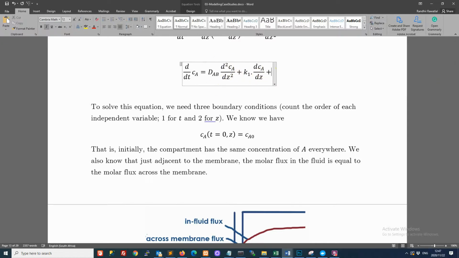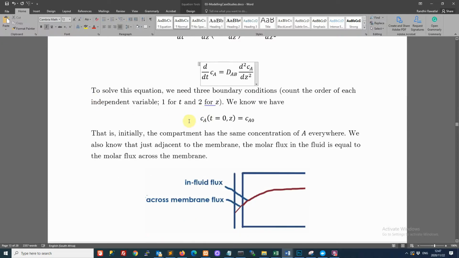And also if you had another time derivative, so let's say we had k sub 2 dCa/dt, then this would still count as 1. So we need one boundary condition in t and two boundary conditions in z. So here's how we specify those boundary conditions.